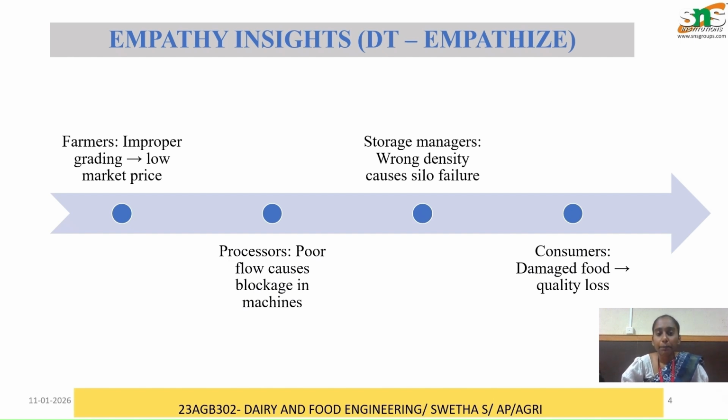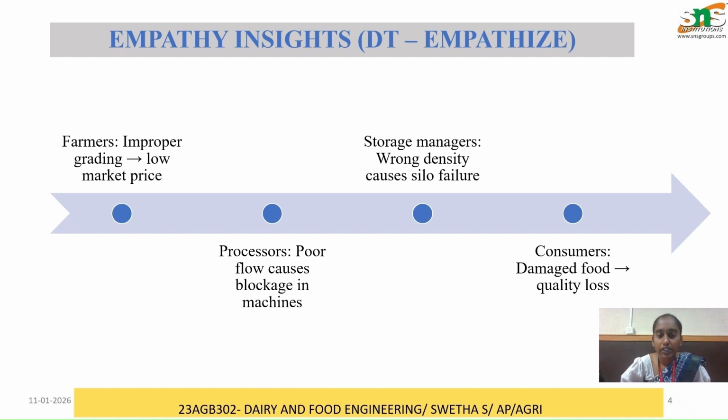First, the empathy stage, for various people in society: farmers, processors, storage managers, and consumers. For farmers, improper grading during their processing decreases their market value, and they do not get proper wages for their fresh produce.